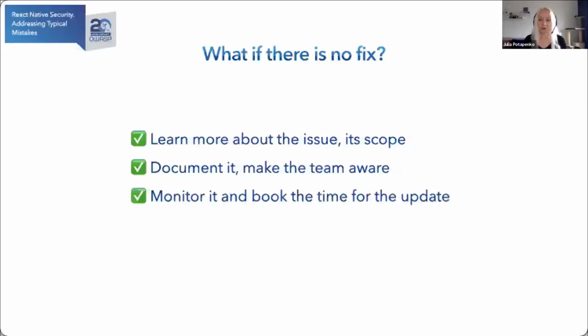So you need to understand the scope of the vulnerability, document it, and share it with your team, because if you leave the project, someone will need to start reviewing this huge list from the very beginning. And of course, monitor and book time for updates in the future. And booking time here is really crucial.